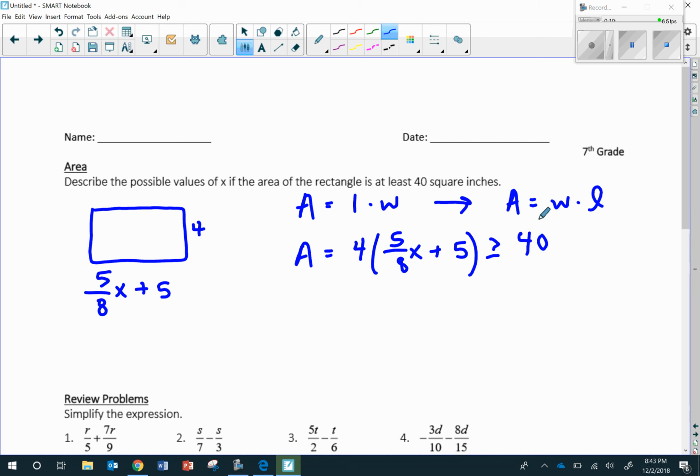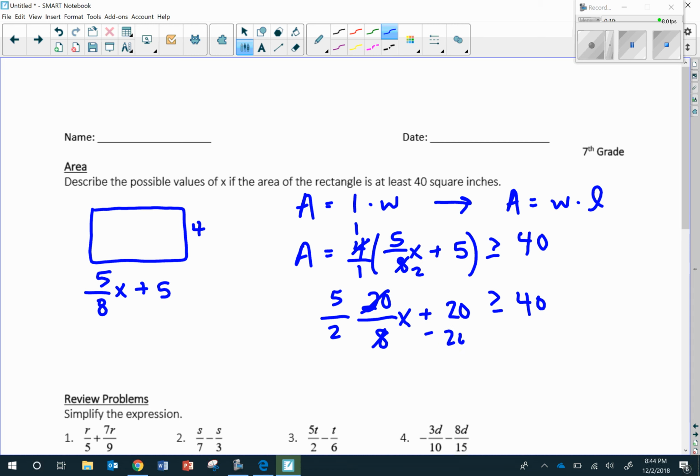All right, I'm going to go ahead and use my distributive property here. 4 is equal to 4 over 1. So 4 times 5/8 x would be 20/8 x plus 4 times 5 is 20. What I could have done as well, which I would encourage you to do, would be to simplify before you multiply, so that instead of 20 over 8 it would simply be 5 over 2 plus 20 is greater than or equal to 40.